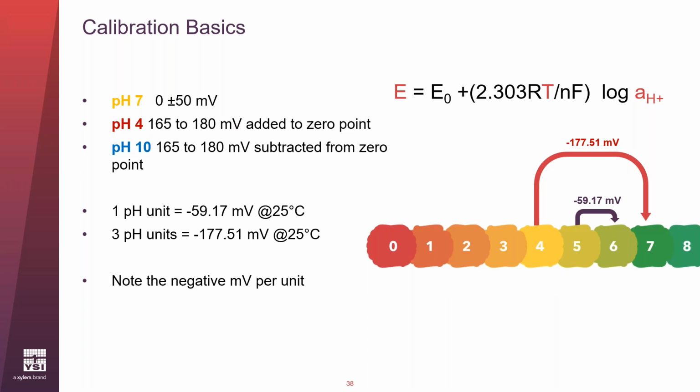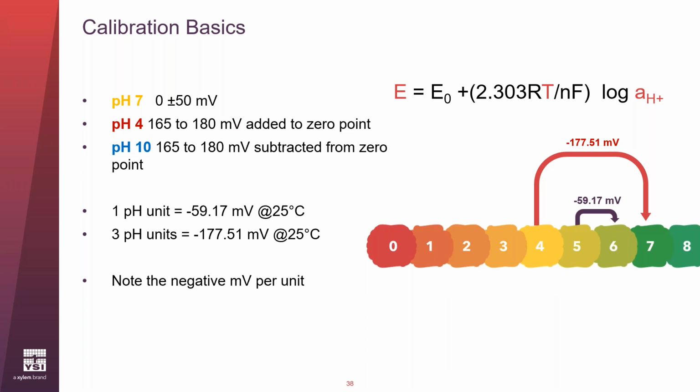In pH 10 buffer solution, 165 to 180 millivolts gets subtracted from that 0 point. Since we know that 1 pH unit equals negative 59.17 millivolts at 25 degrees, we can easily see that 3 pH units at 25 degrees would give us negative 177.51 millivolts.